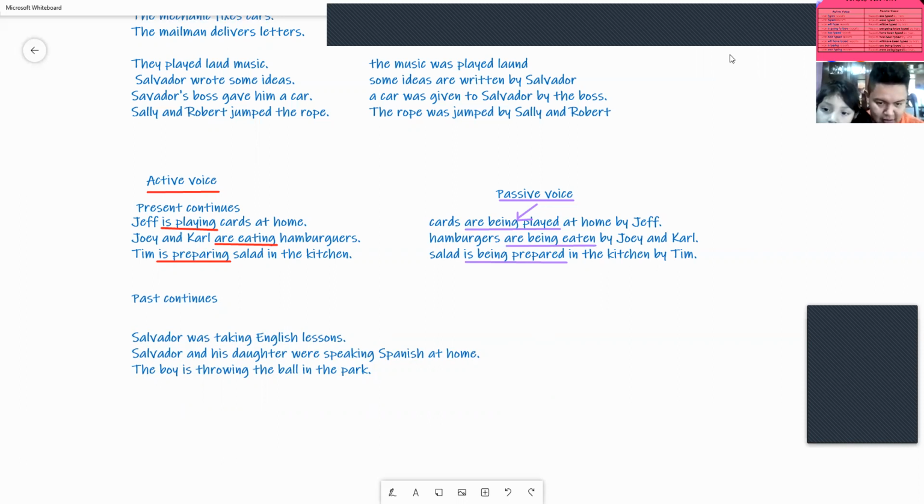Si las quieres hacer ahorita o tómale captura de pantalla para que lo hagas de tarea. Y ya ese sería el último tema que veríamos por el día de hoy, que es la voz pasiva en pasado continuo, ¿sí?